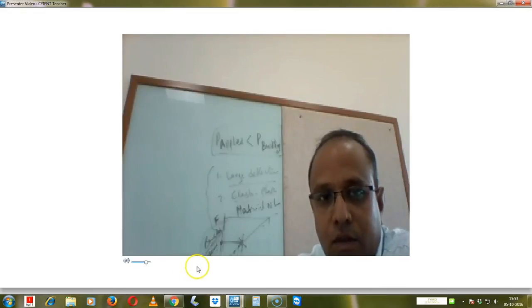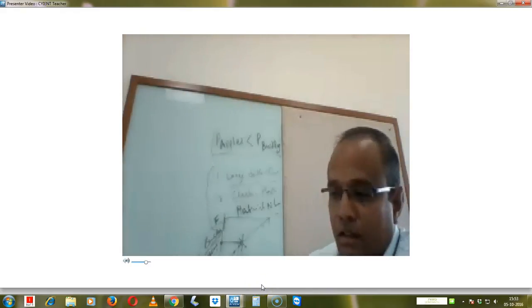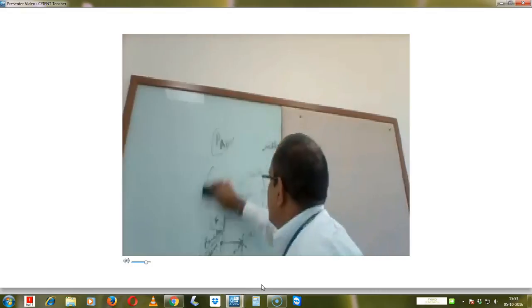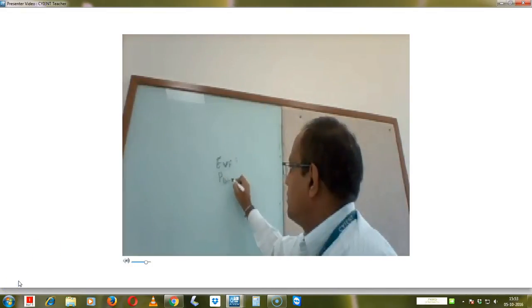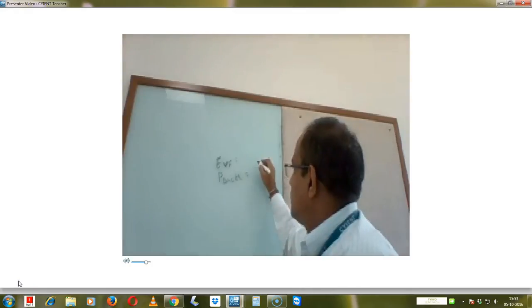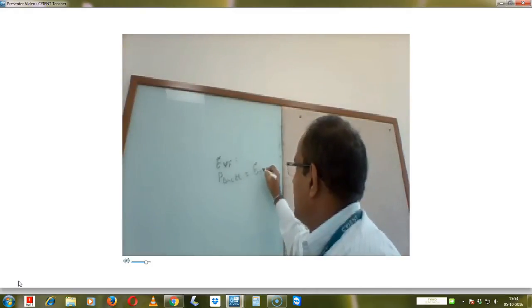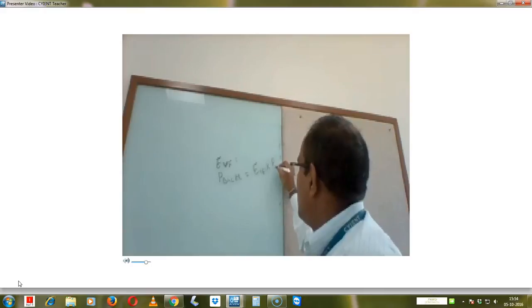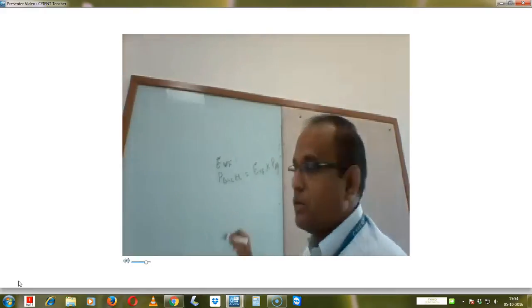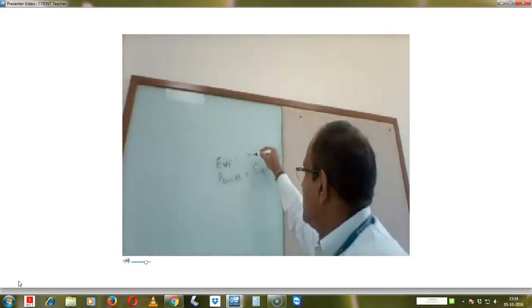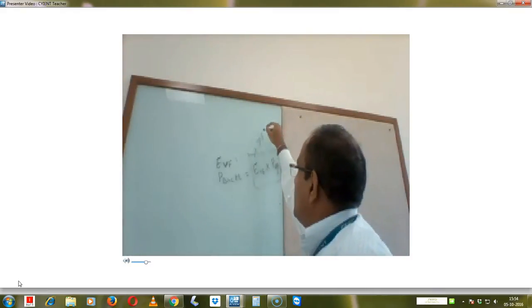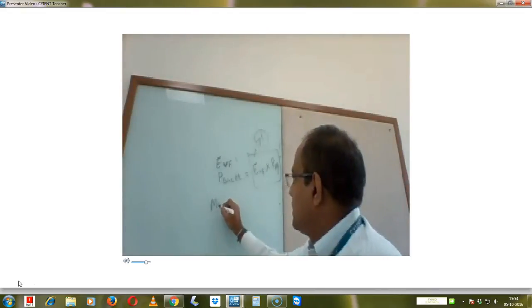Okay, so here what we'll do is calculate the buckling load. P buckling equals eigenvalue factor times P operating. Okay, so this is our buckling load. Definitely this should be greater than 1. Then we'll calculate the margin of safety.